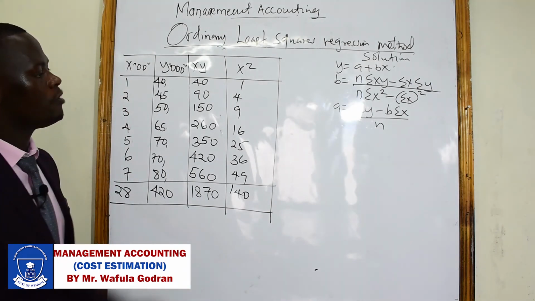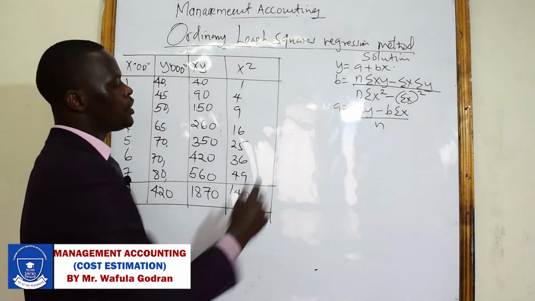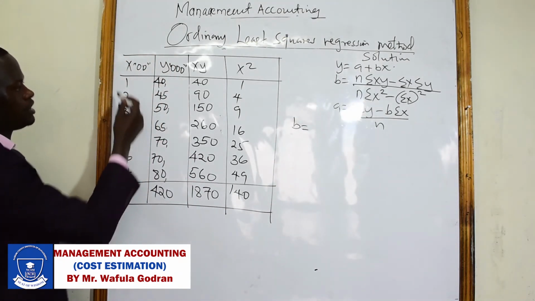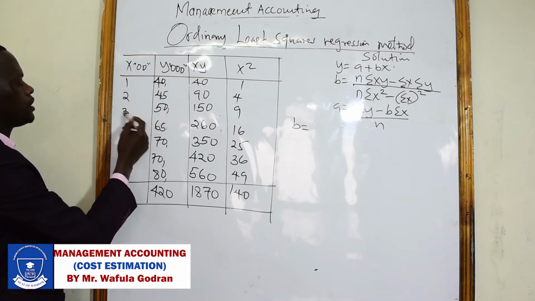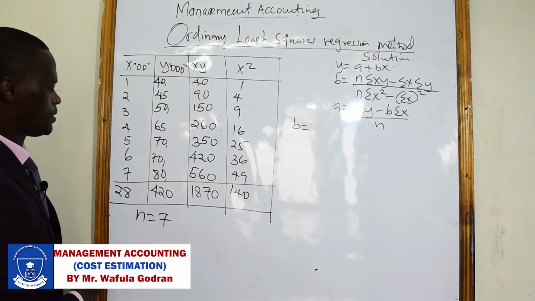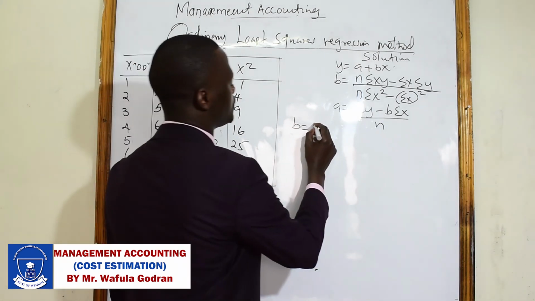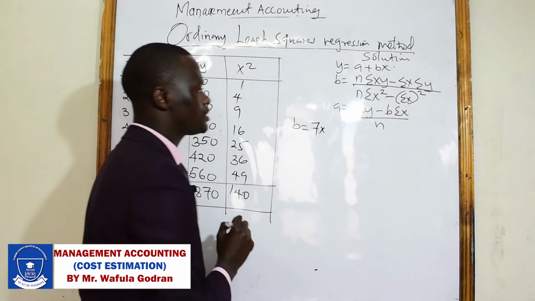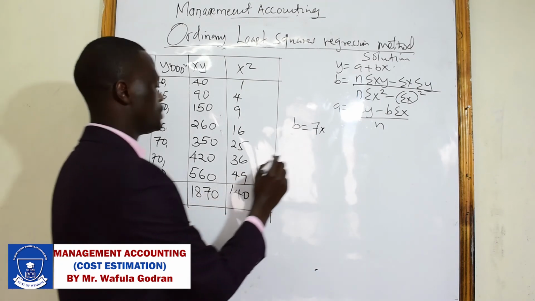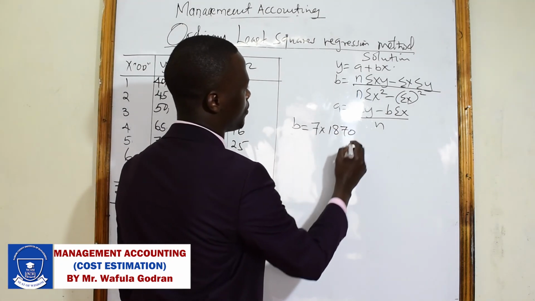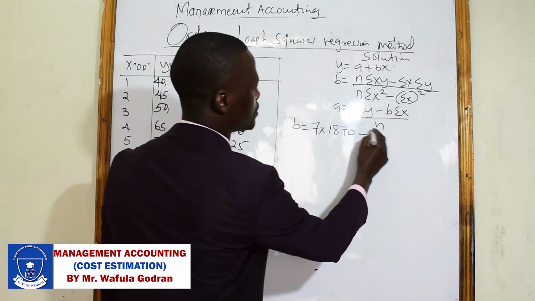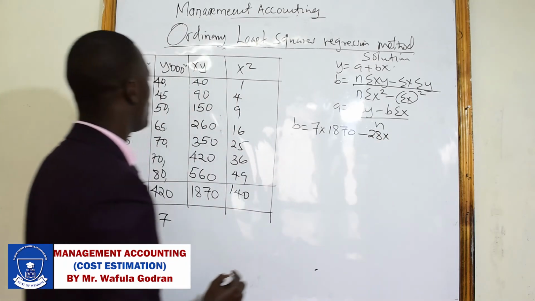Now, if we go back to the equation, b can be given by n, we count the number of items. This is 1, 2, 3, 4, 5, 6, 7. So n is 7. So we will say this is 7 times summation of xy, summation of xy is 1870, minus summation of x is 28 times summation of y.